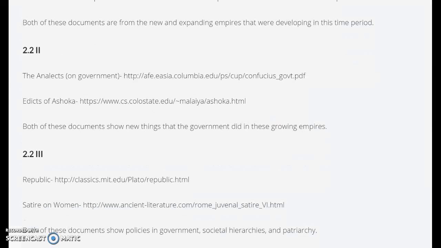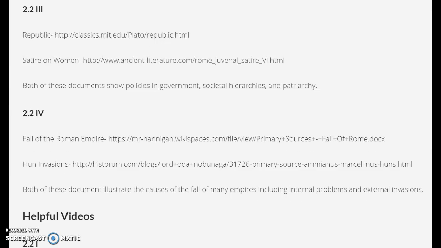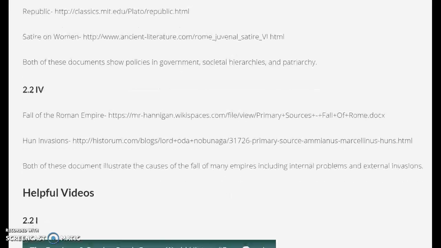For the second Roman numeral, it's more about government and how their beliefs affected government and what the government did in that time. And for the third one, it's more about social hierarchy and patriarchy and how that fit into that society and how that also worked with economics. And for the last one, it's just about the fall of the empires and what caused them.